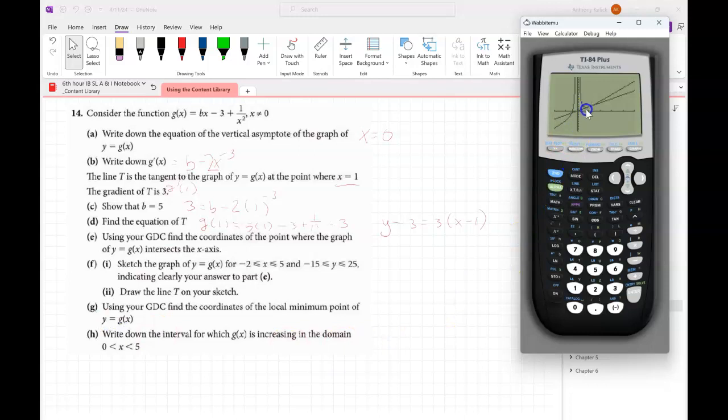That's right there, right? Whatever that point is. It's probably not quite 1, but pretty close. You could do it on the calculator from the function. You wouldn't necessarily have to use the derivative, although you could. Although I think that would be a little bit harder than it needed to be.